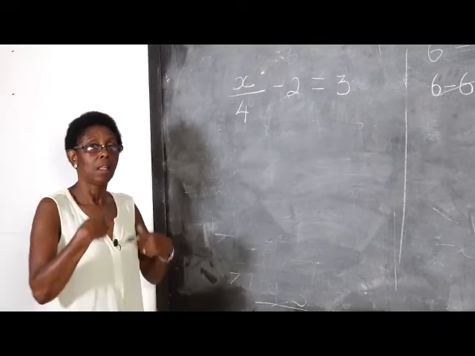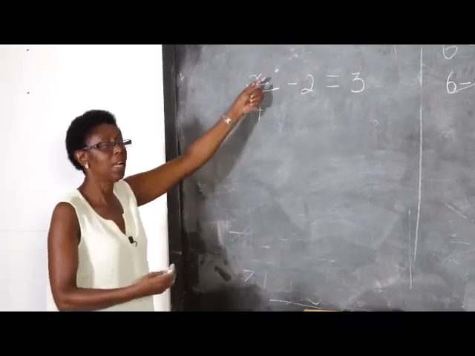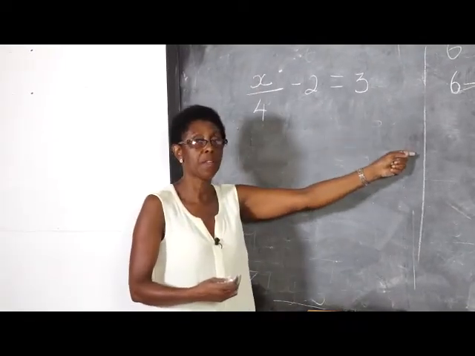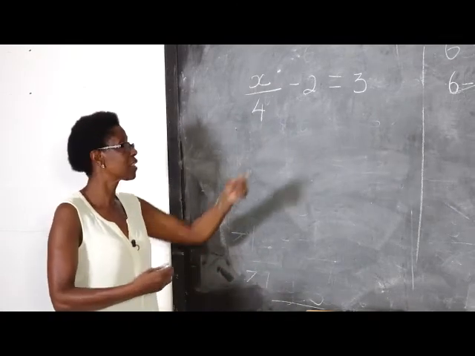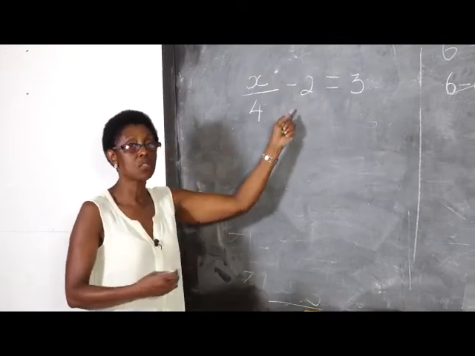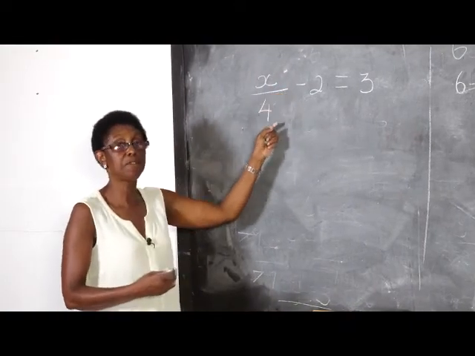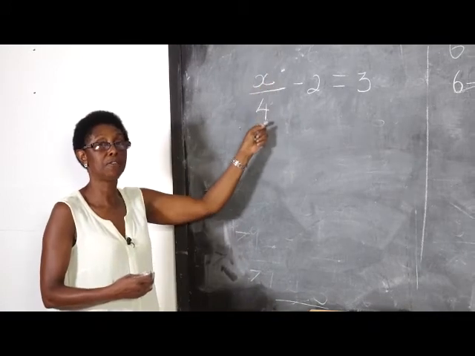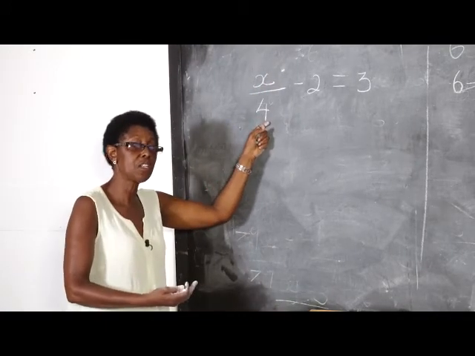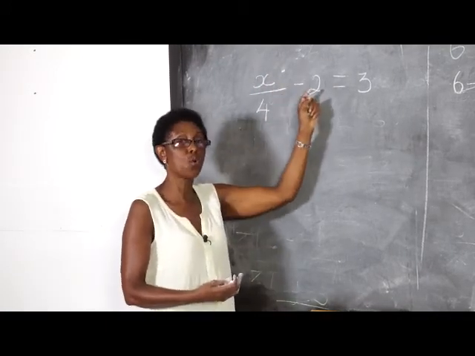Okay? Now, the goal is to have x equals to something. Okay? What must go? 2 things. The minus 2 must go, and the divide 4 must go. The minus 2 and the divide 4. Which goes first? The minus 2 goes first.